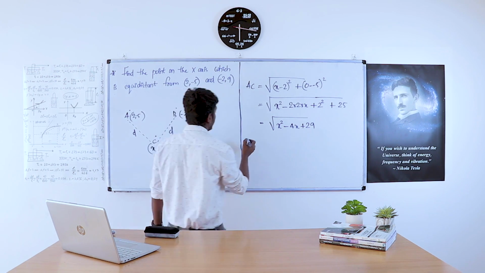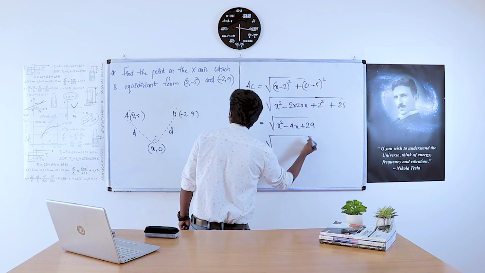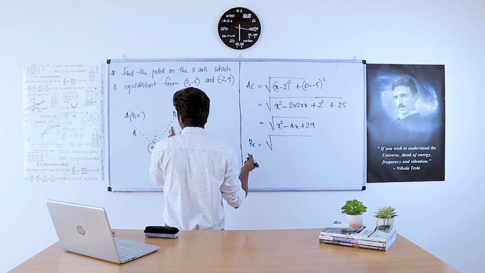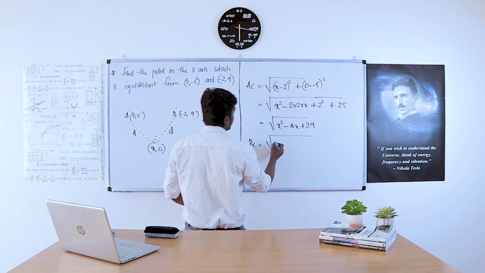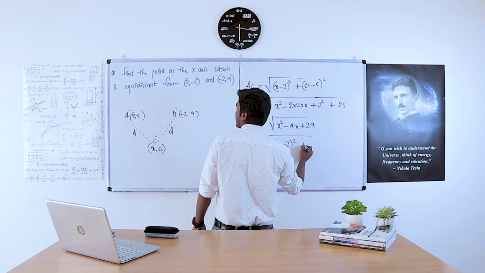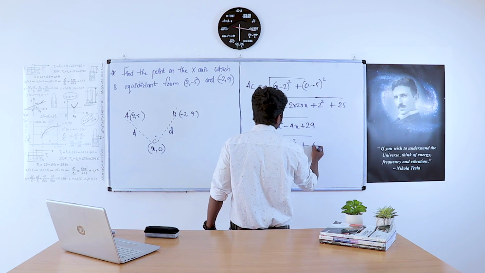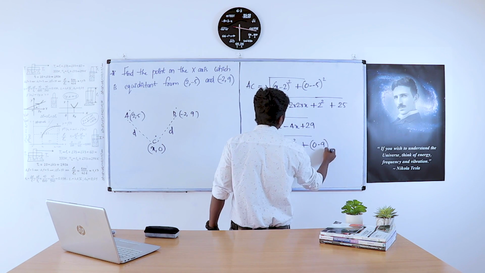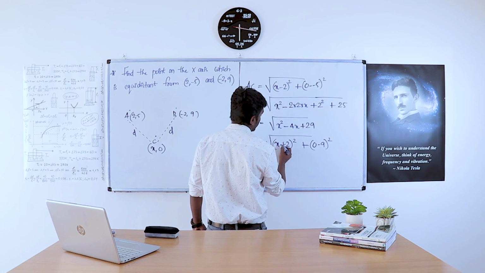Now I am going to find BC. BC is equal to root of x minus minus 2 the whole square plus 0 minus 9 the whole square. That is equal to x minus minus 2 becomes x plus 2.